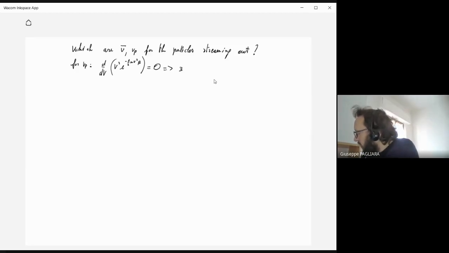It's just that you have now a 3v squared times the exponential minus v cubed exponential, and then you have m v beta, so kBT if you want, from which you get that the most probable value for the particles streaming out is now the square root of 3 kBT divided by m.